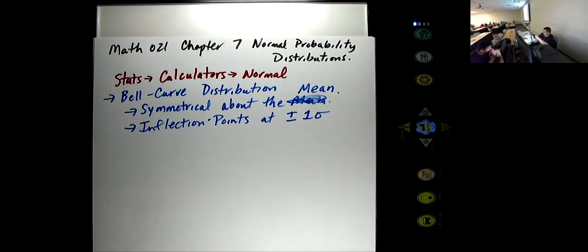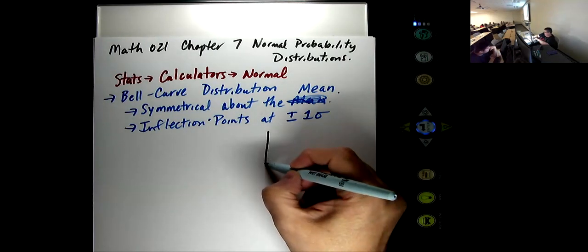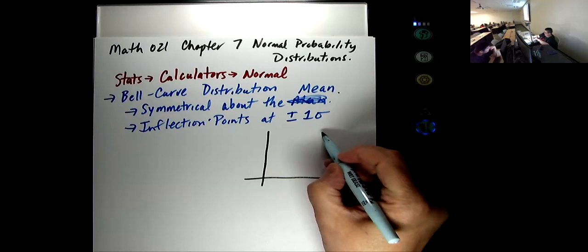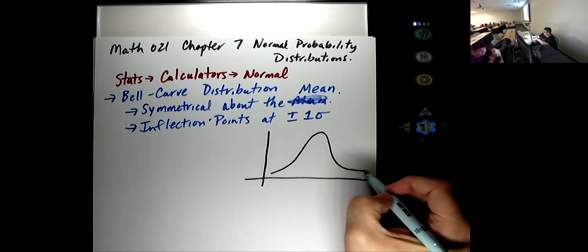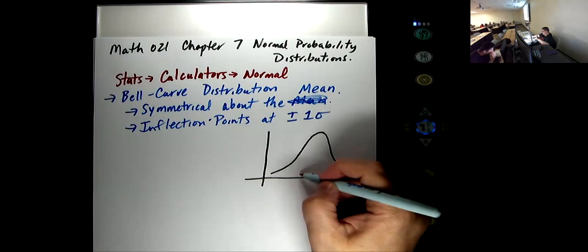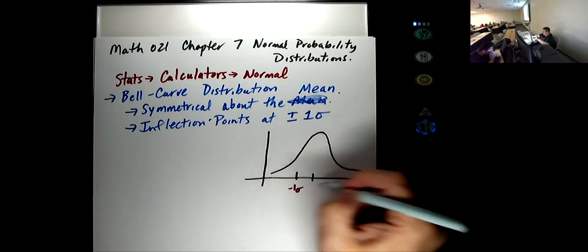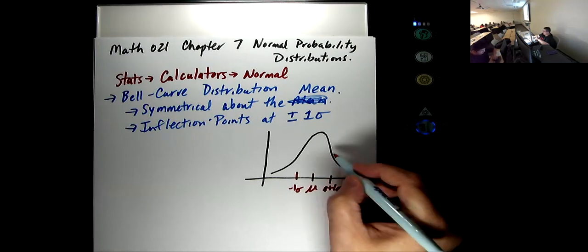That may not mean a lot to you, but if we look at it real quick, plus 1 deviation and our mean's in the middle.